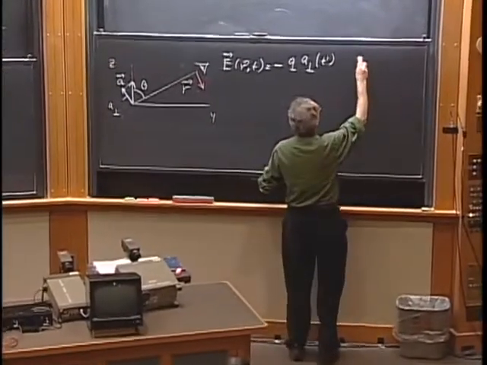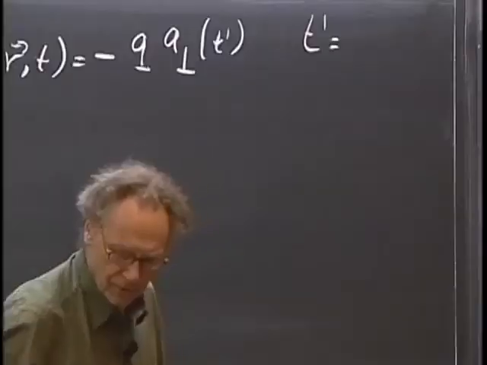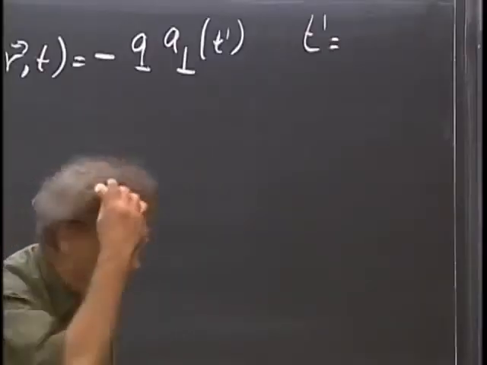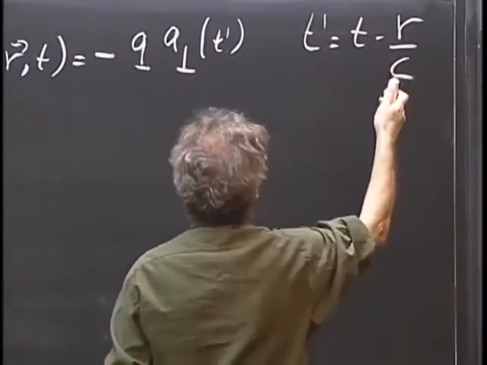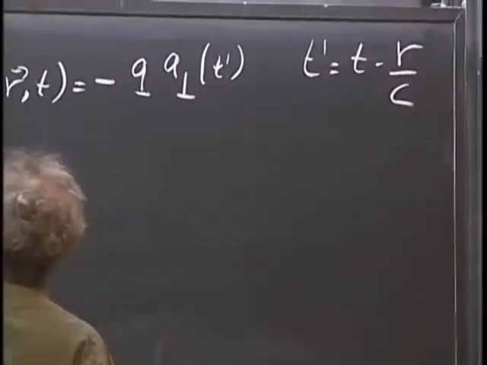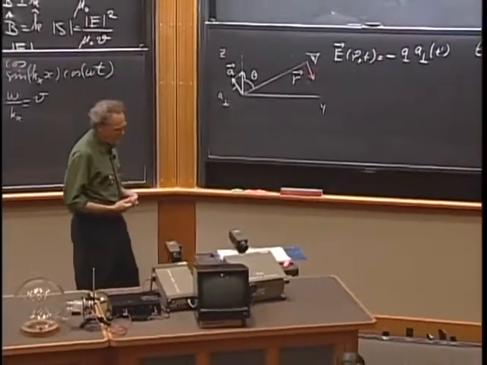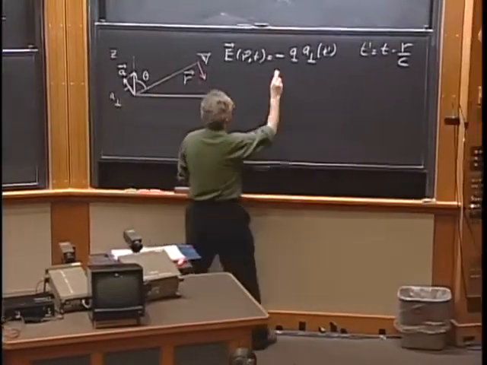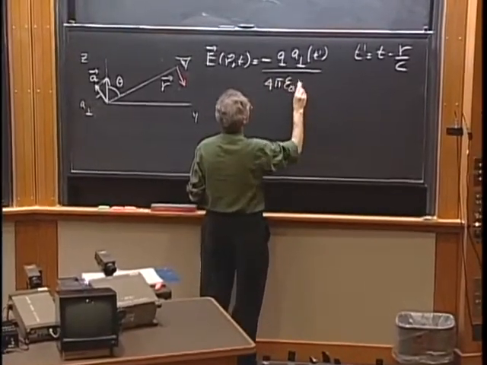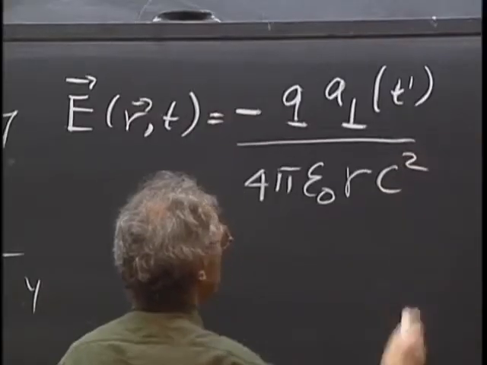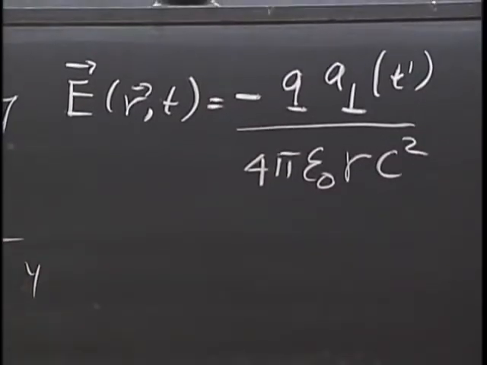In other words, t prime equals t minus r over c. This is the time that it takes for the signal to reach me, and so t prime is earlier than t. And then we have this divided by 4 pi epsilon 0 r, and I believe there is here a c squared. Yes, there is, and this is in volts per meter.